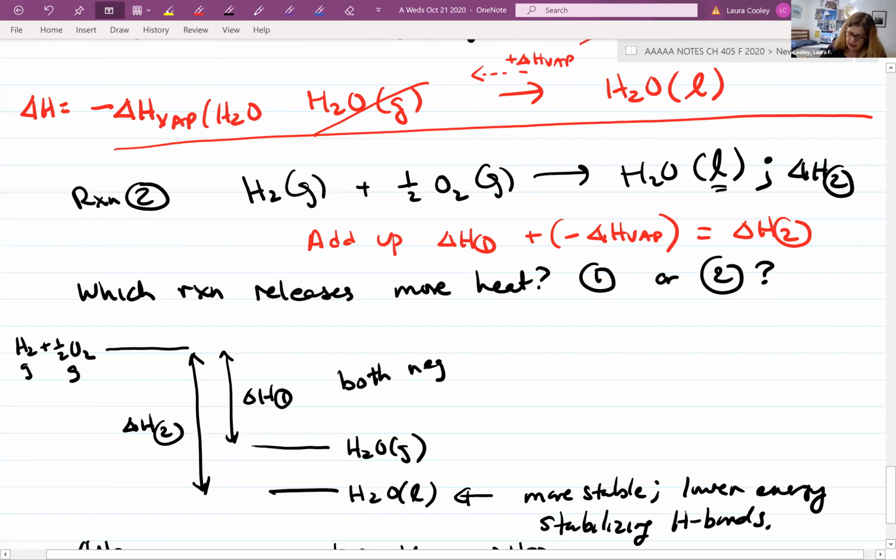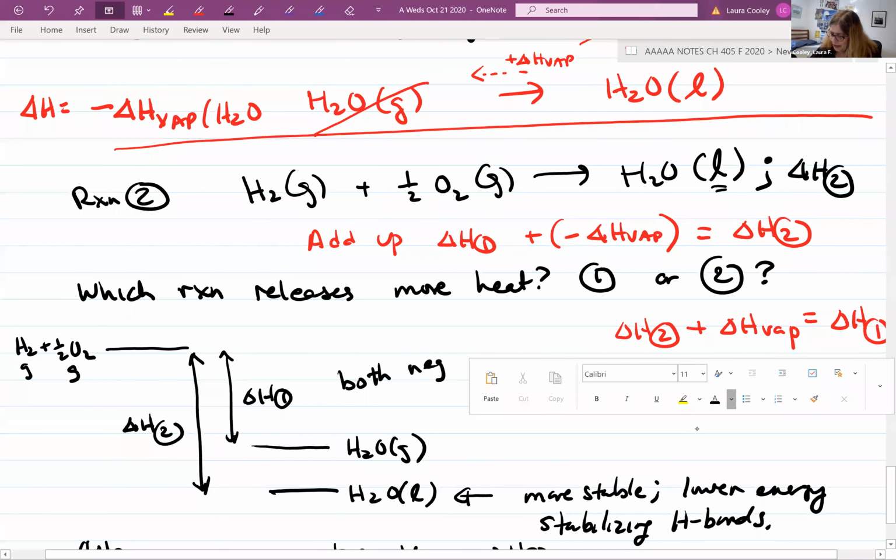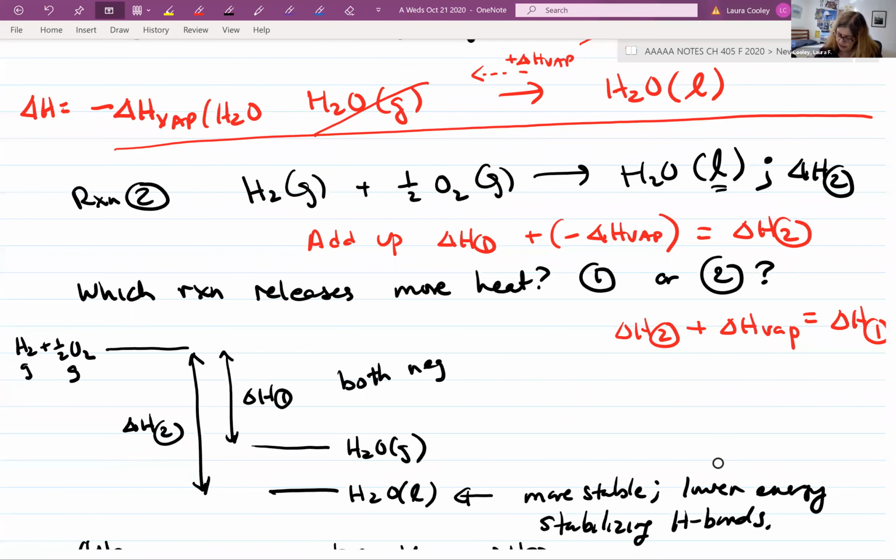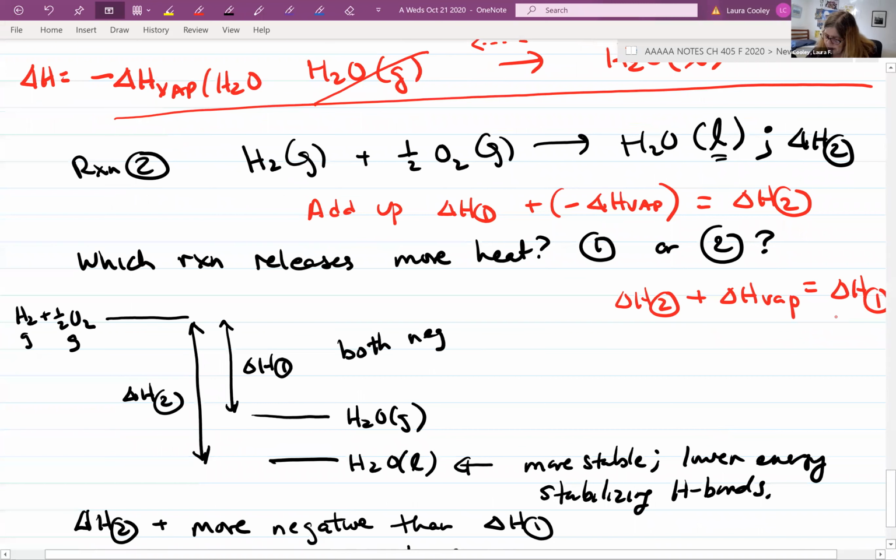So delta H2 plus delta H vap is equal to delta H1. That's right. And that's what I would have gotten if I'd done it the other way, but it doesn't matter. We get to the same result. And so what you can see with this is that delta H2 and delta H1 are both negative.